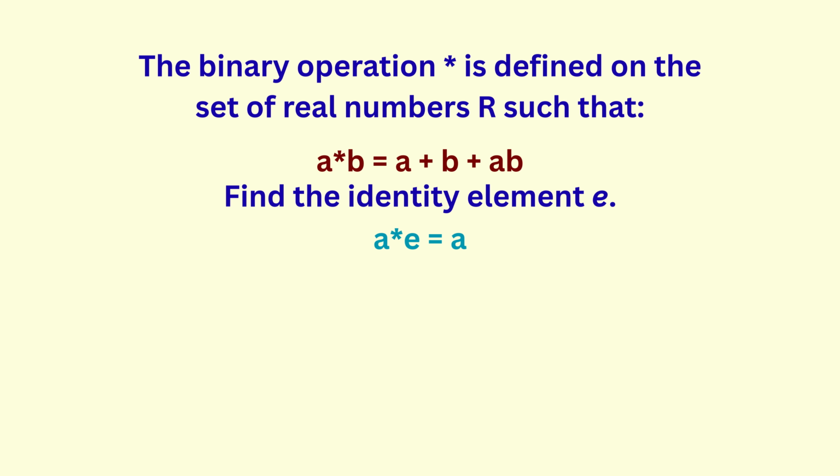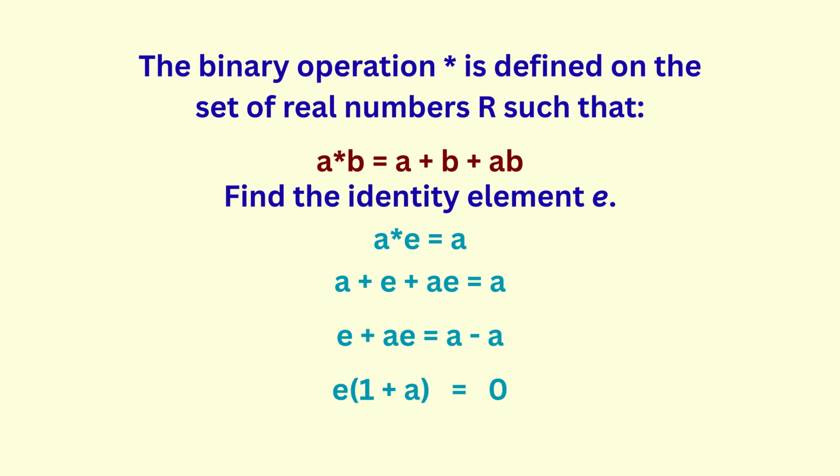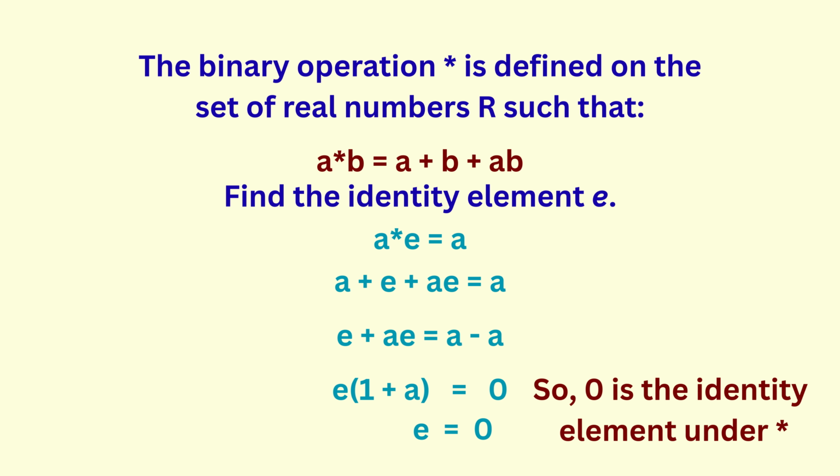So we write A star E equals A. So in the equation we substitute E for B and get A plus E plus AE equals A. We need to transpose for E, so group the A on the right-hand side and leave the terms with E on the left. Now factor out E to get E bracket 1 plus A equals 0. To solve for E, we divide both sides by 1 plus A. Hence, E equals 0. So 0 is the identity element for this operation.